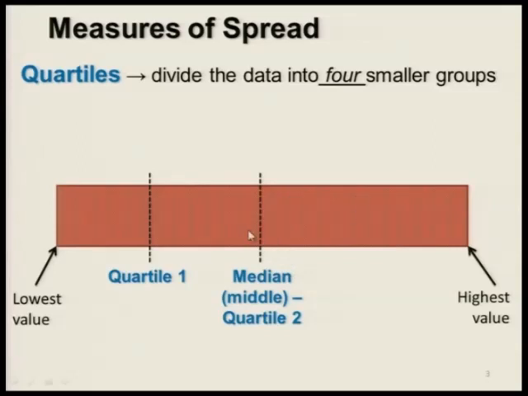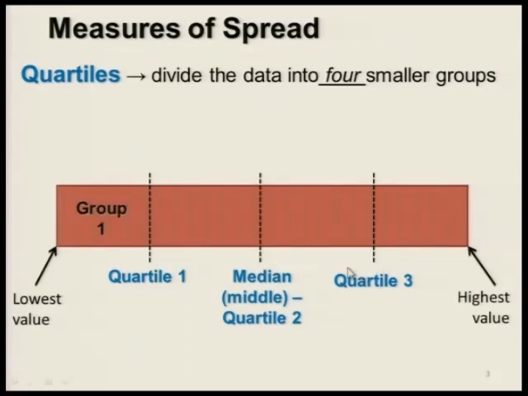Similarly, we can also take the data here on the right hand side and divide it again into 2 equal parts. This will give me again a situation where a quarter of all of the data will be here, and a quarter of all of the data will be in this box. And we call this Q3, quartile 3, or the upper quartile.